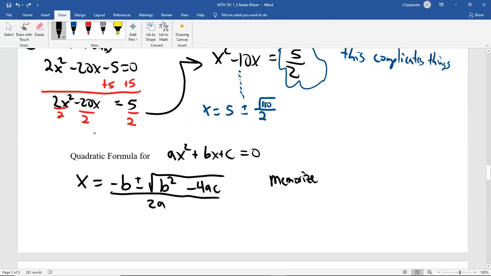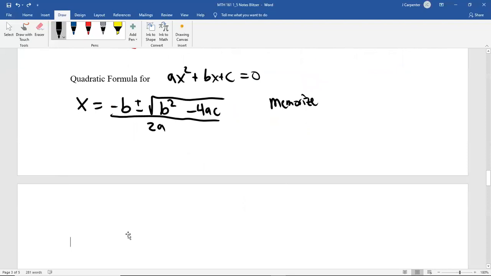All right, so let's try out the quadratic formula. Example 5, solve by QF, quadratic formula. I'll have x squared plus 6x plus 11 equals 0.